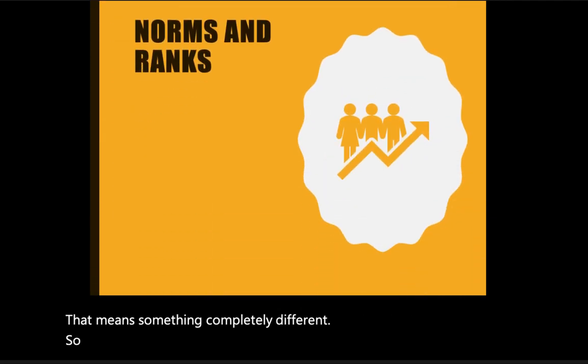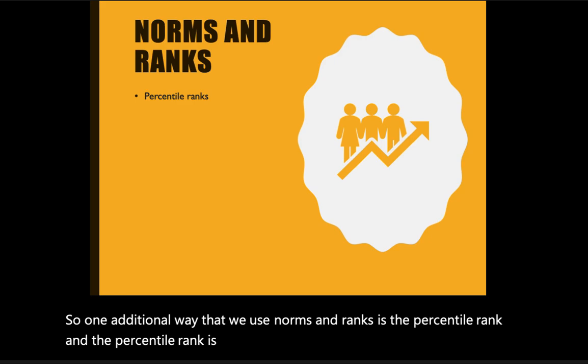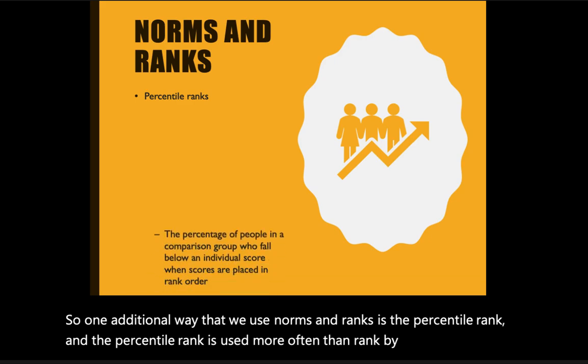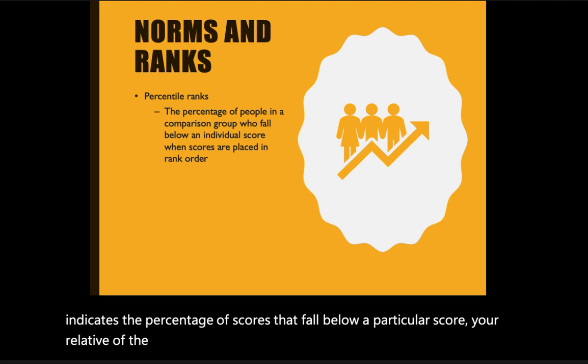So, one additional way that we use norms and ranks is the percentile rank. And the percentile rank is used more often than rank by itself because it indicates the percentage of scores that fall below a particular score, irrelevant of the size of the sample.